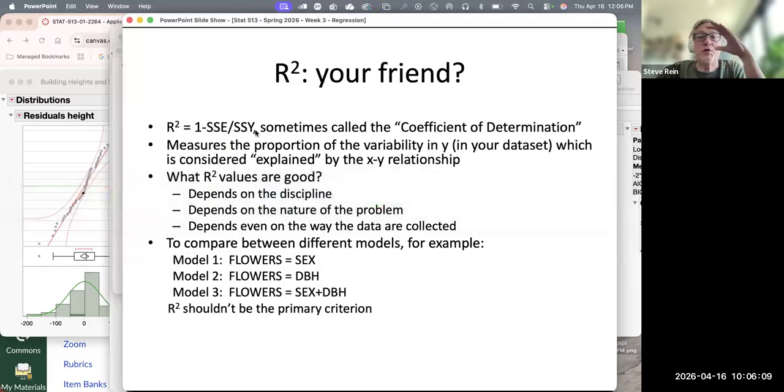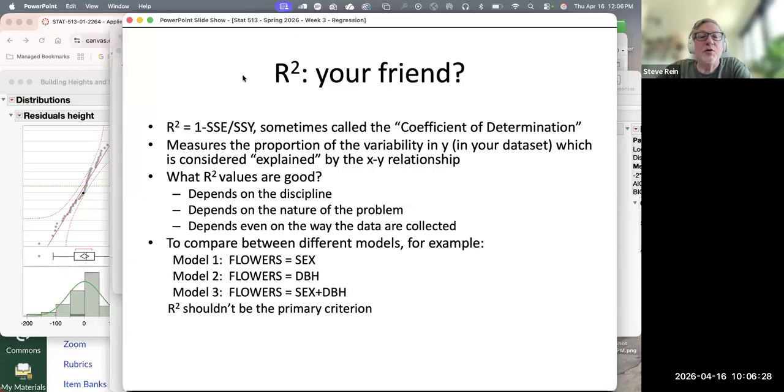I'm going to tell you that R squared, which you could literally calculate based on SS error and the sum of squared differences from the average value of Y, is sometimes called the coefficient of determination, but not often. Depending on the discipline you're in, you may or may not hear that term.